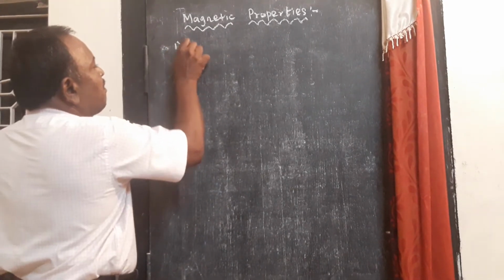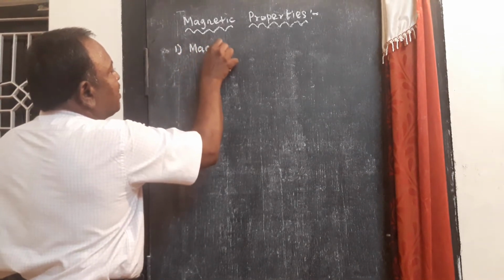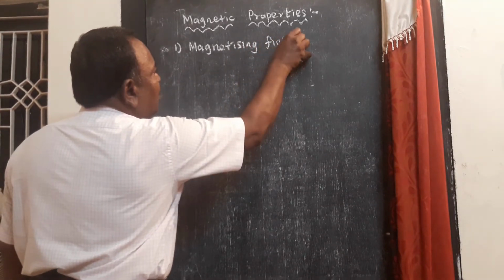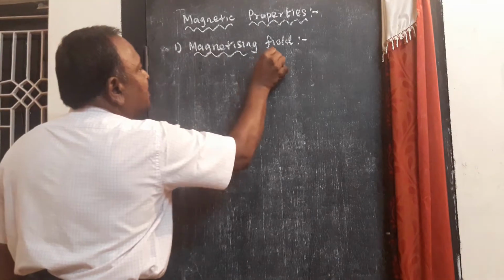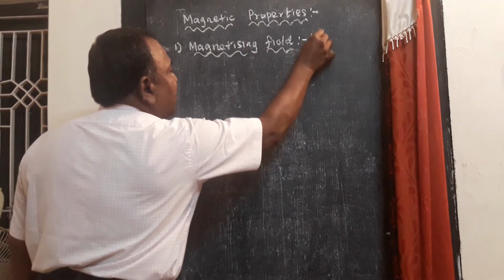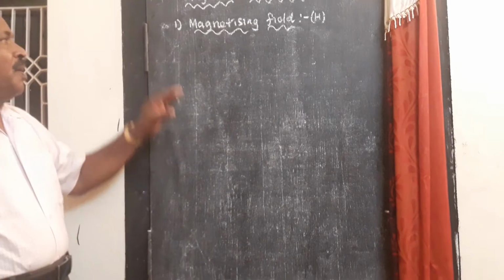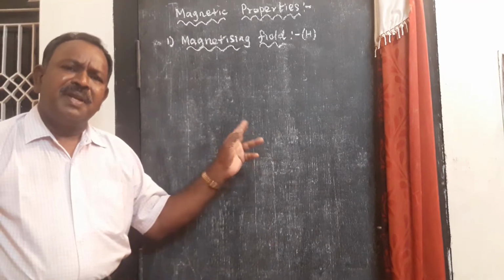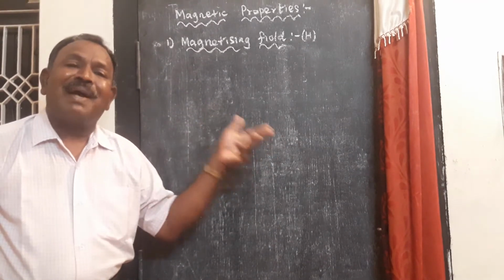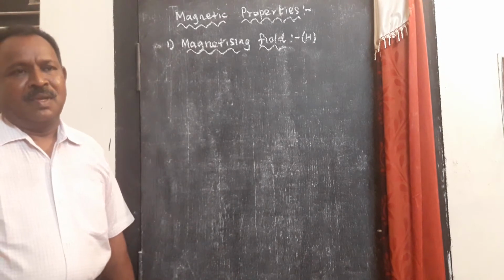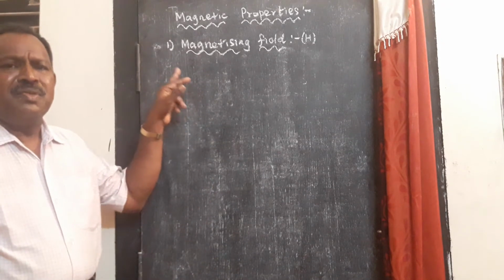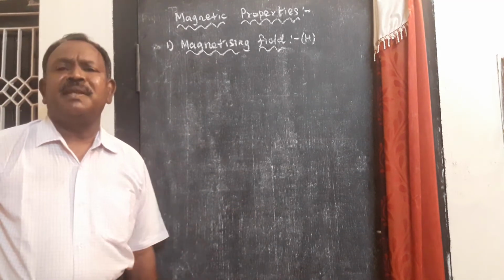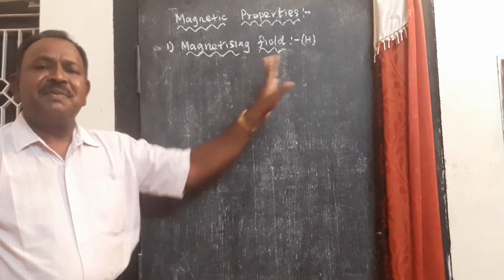First one is the magnetizing field. What is called the magnetizing field? This magnetizing field is represented by H. A magnetic material gets magnetized when it is kept in an external magnetic field.